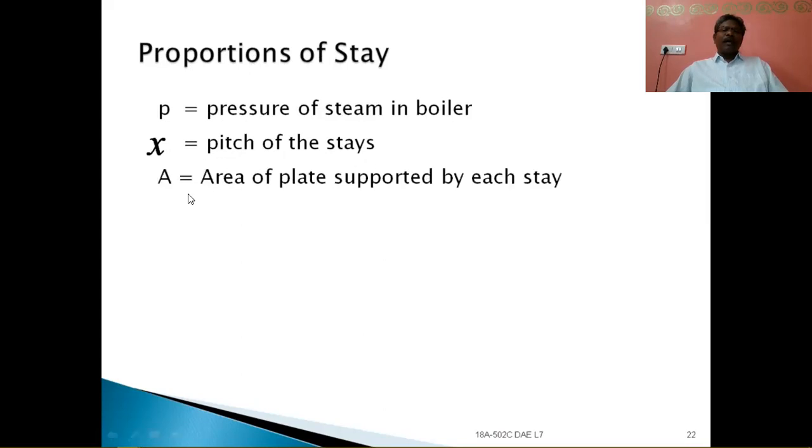A will be the area of plate supported by each stay. As we have seen in the previous figure, x into x will be the area of plate supported by each stay.